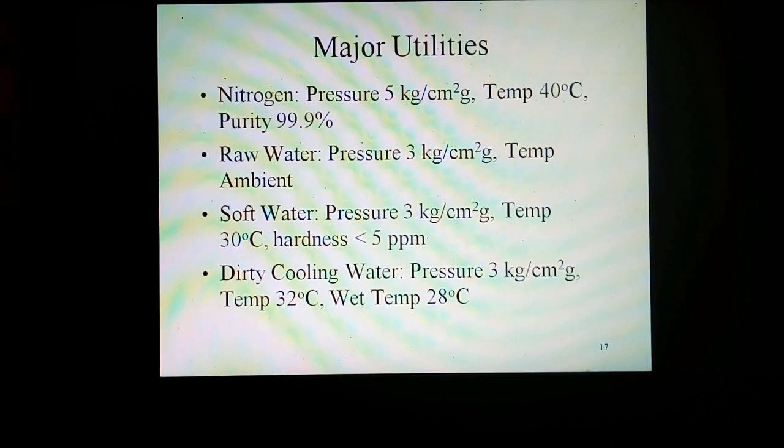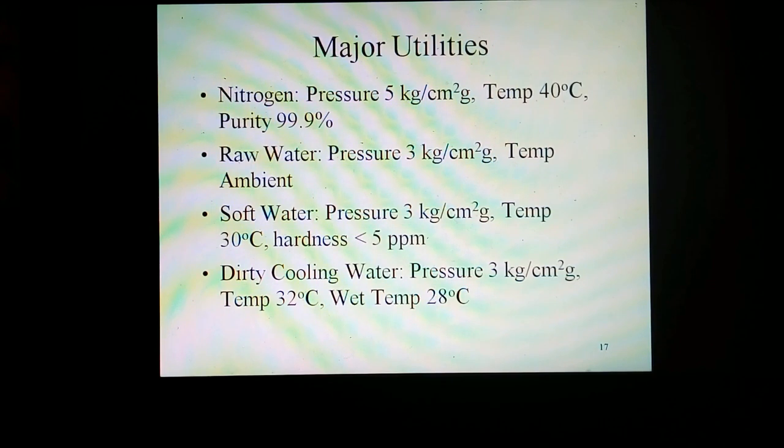Major utilities required are raw water at a pressure of 3 kilograms per square centimeter gauge and at ambient temperature. Nitrogen at a pressure of 5 kilograms per square centimeter gauge and at a temperature of 40 degrees centigrade. Purity should be 99.9%.